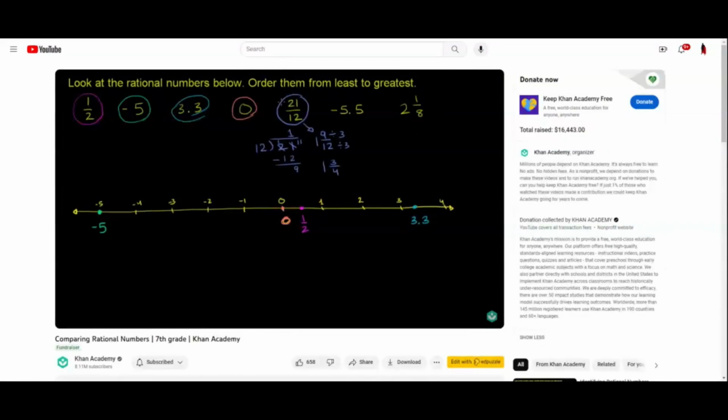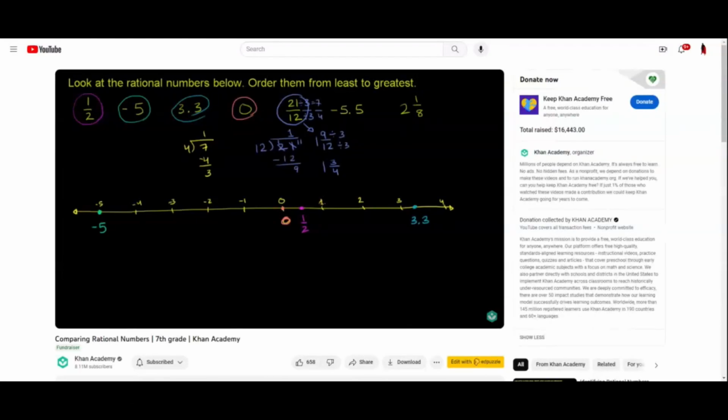Just to make it clear, I could have simplified this right from the get-go. 21 divided by 3 is equal to 7, and 12 divided by 3 is equal to 4. So this is the same thing as 7/4. If you divide 4 into 7, 4 goes into 7 one time. 1 times 4 is 4. Subtract, you get a remainder of 3. 1 and 3/4.